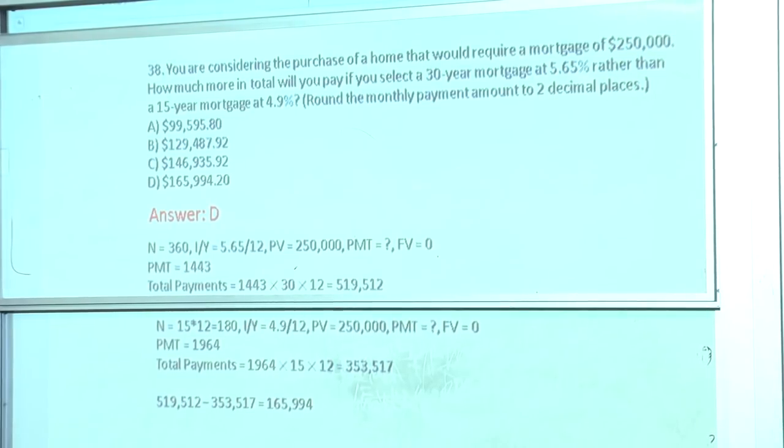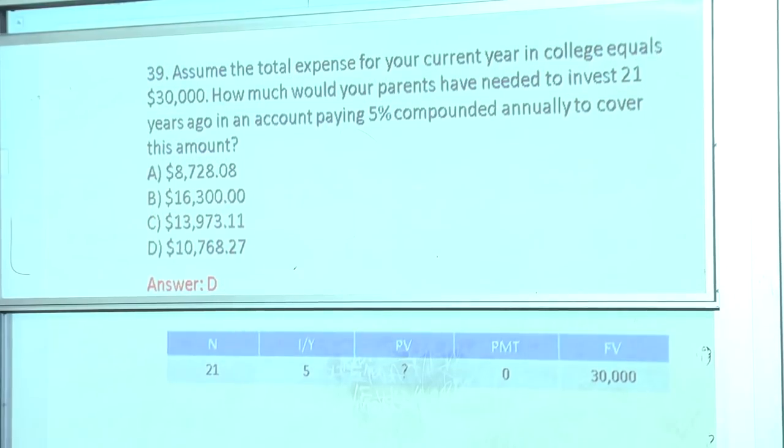Good. 39. Assume the total expense for a current year in college equals $30,000. How much would your parents have needed to invest 21 years ago in an account paying 5% compounding annually to cover this amount?